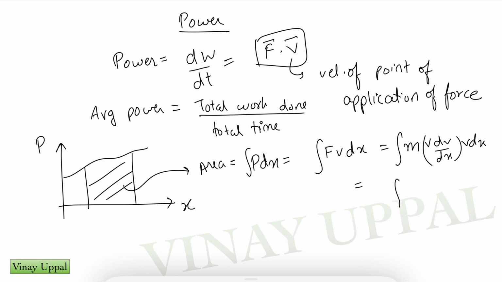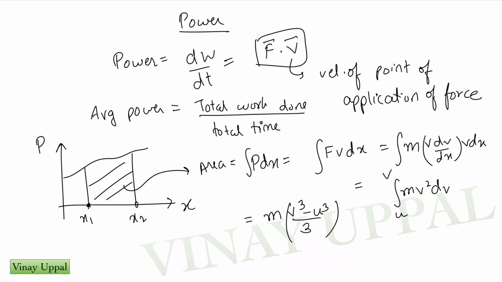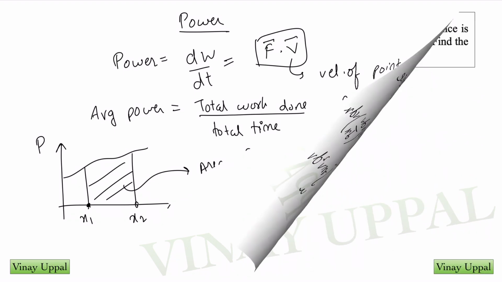And therefore I get this as m v² dv. So from initial velocity to final velocity, I'll get the area under the curve as m(v³ - u³)/3. So they can give you the speed at x1 and they can ask you the speed at x2, and you can just use the area and equate it to this to get the value of v, given that u is given. Alright, let's do a question now.